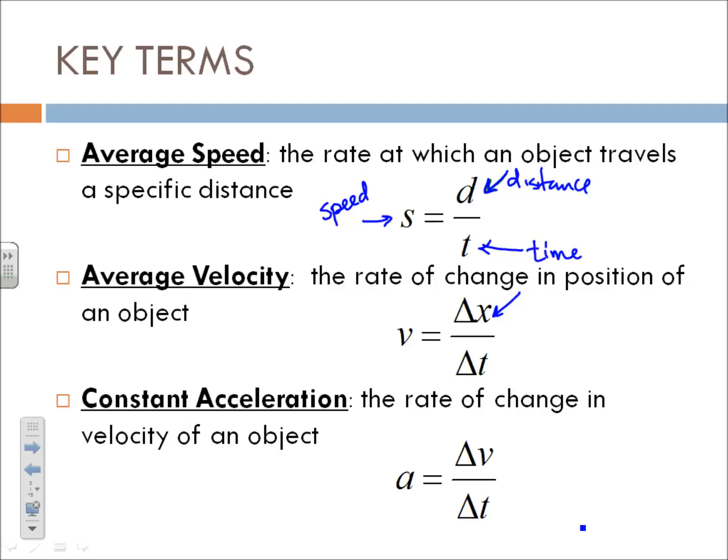Now notice how a couple of these differ in the next row down. When we look at average velocity, we're talking about rates of change for each one of these terms, but one of them is talking about a change in position, while the other is talking about the length of the path or the distance. Here we have v, our velocity.